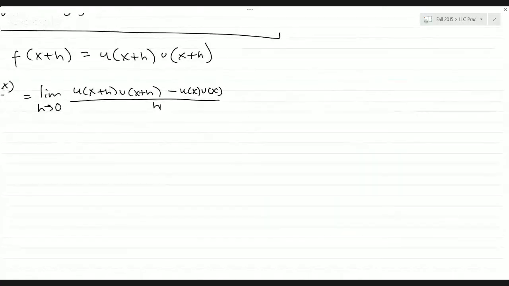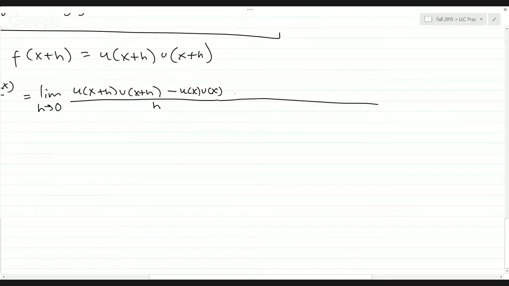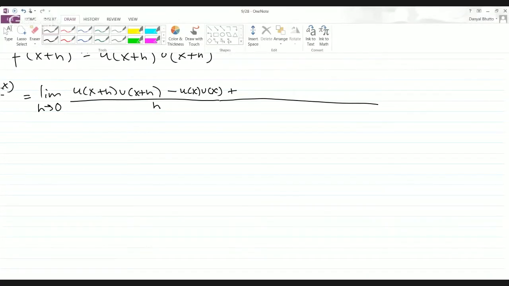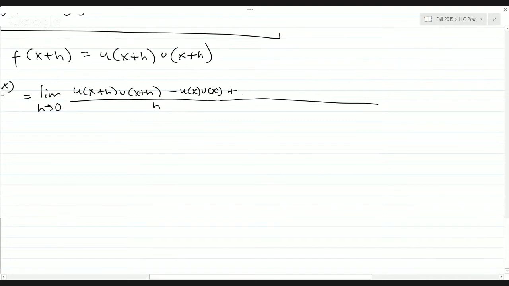Now, the way they prove it is they do some math magic here. It's basically something that mathematicians can do, and we're not clever enough to actually figure it out, or I'm not. Okay. So they add u of x plus h, v of x, minus u of x plus h, v of x.